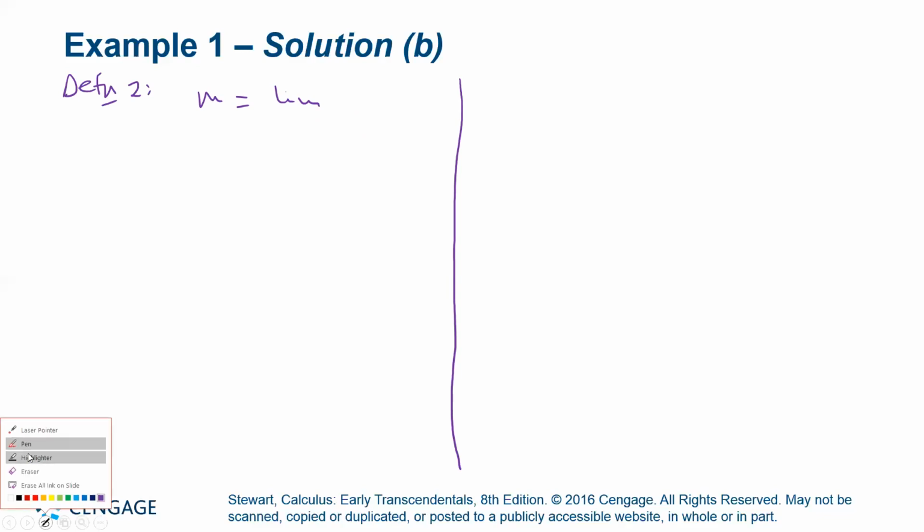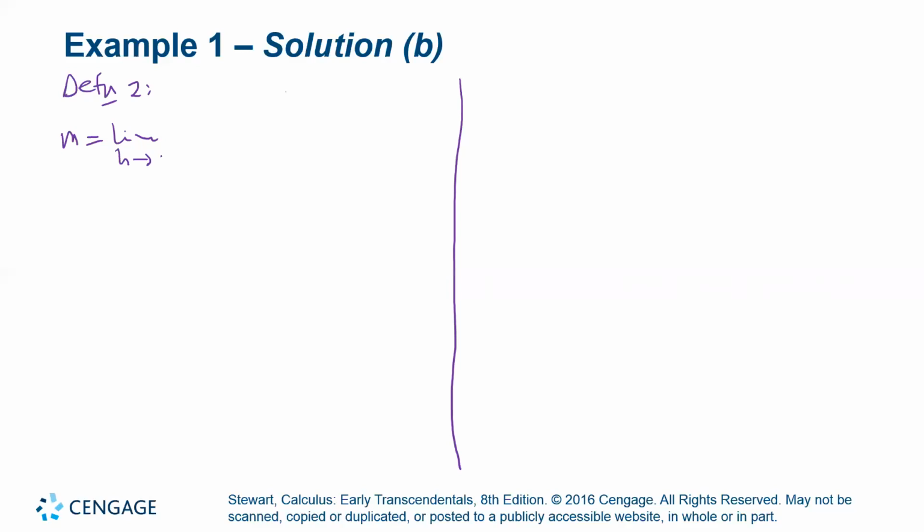The definition number 2 is that the slope m is equal to the limit, h goes to 0, of f of a plus h minus f of a divided by h. Now, what is our f of x? It's still x squared.